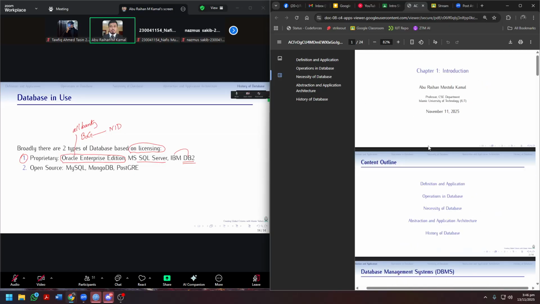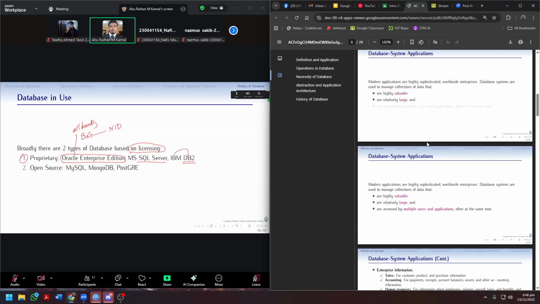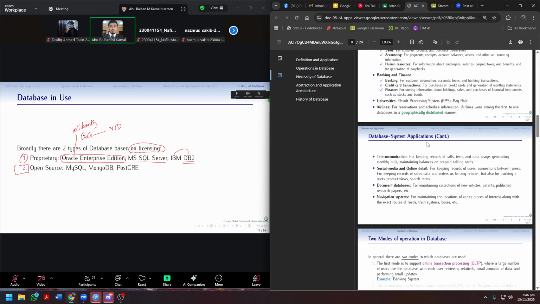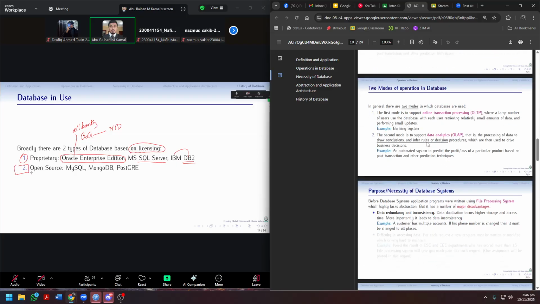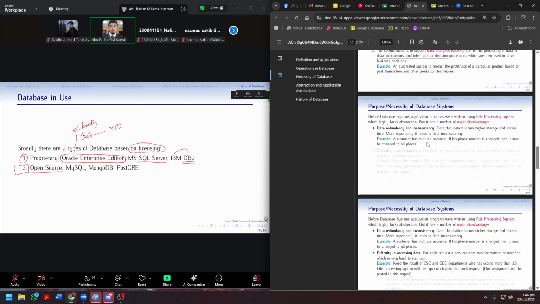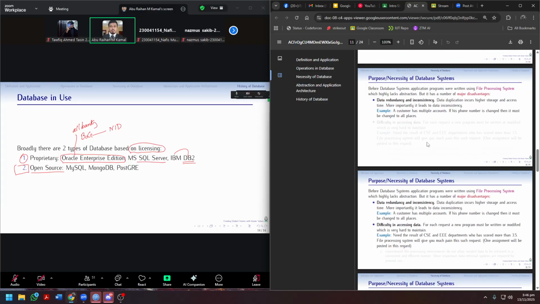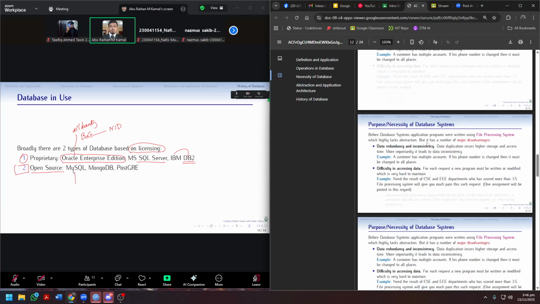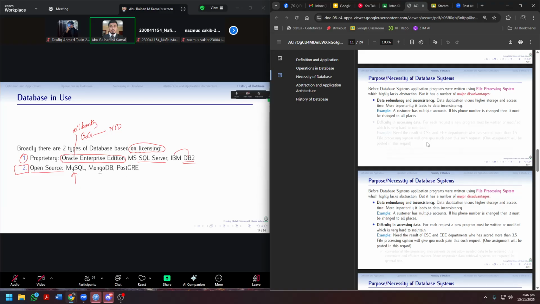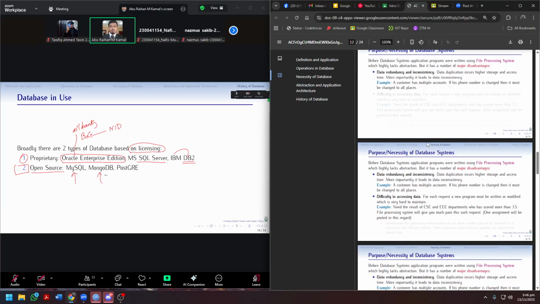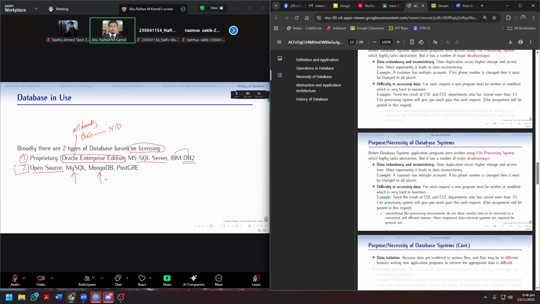Now, apart from that, we have another sort of database that, like any other software, is open source. Free and open source, we call it FOSS. Of them, the most popular, I am sure you all know, is MySQL. And recently, we have MongoDB, although there's a difference, that is a NoSQL database.